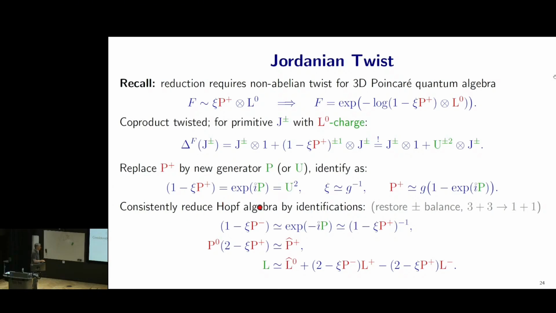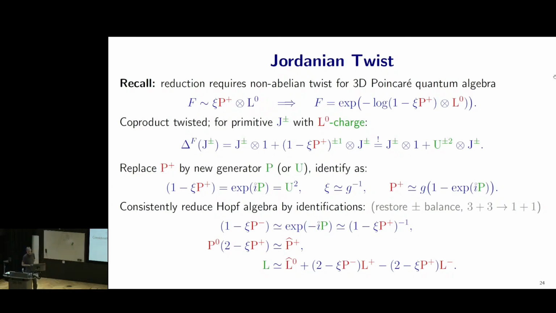But we have to reduce the algebra generators even more. We wanted to go from three momentum generators to one momentum generator, but we can do this by reducing p minus in much the same way as we changed p plus. We can actually relate 1 minus psi p minus to the inverse of this generator. That creates some relation among the generators, and we can also impose some relation between P0 and P plus, but P plus at a higher level of the loop algebra.